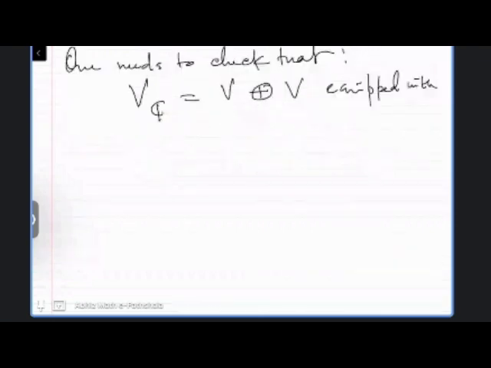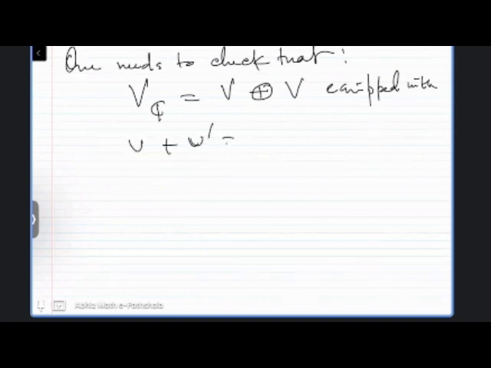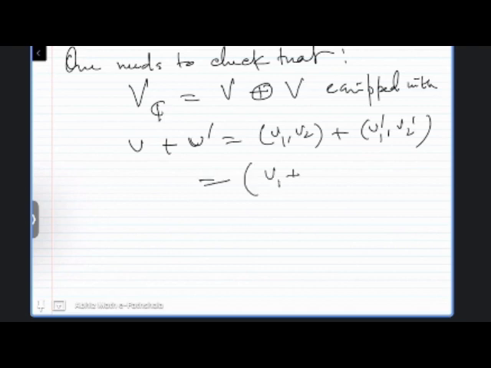What is the vector addition here? The simple addition that has been defined over V, because V plus is an abelian group. So that means you are taking any two vectors, suppose v plus v dash. What should be the definition here? Here v is v1, v2 and this is v1 dash, v2 dash. So what would be the definition? Just component wise addition, right?